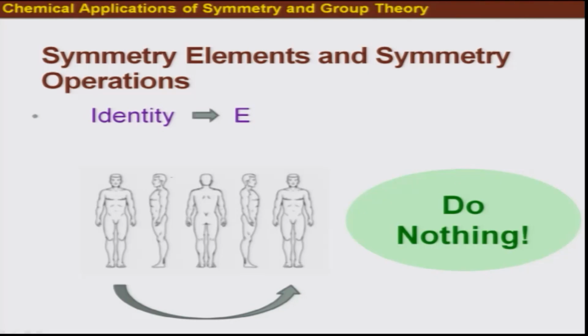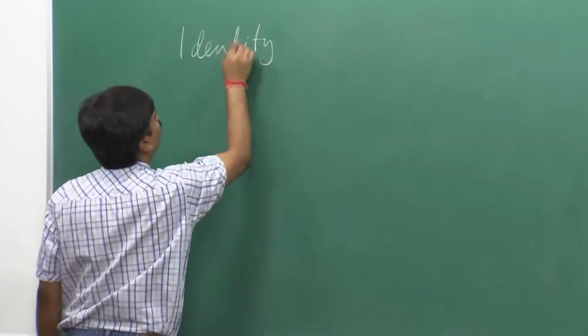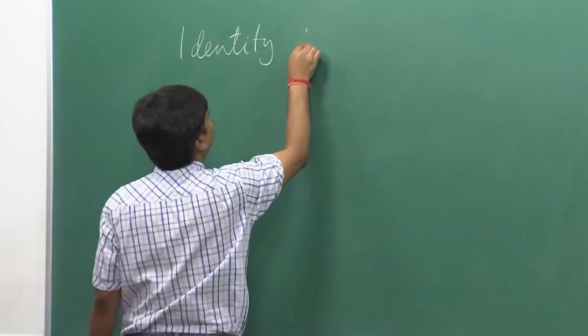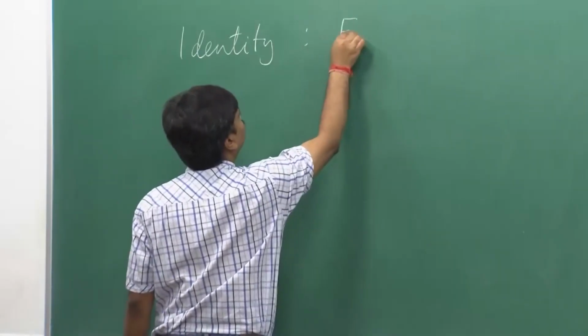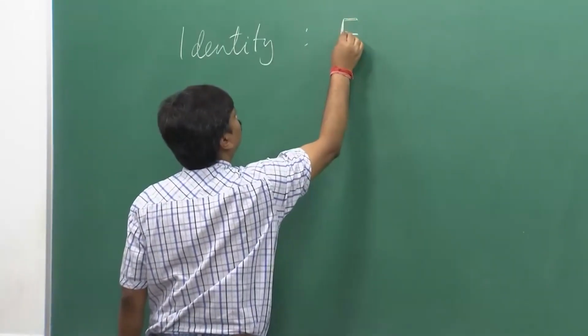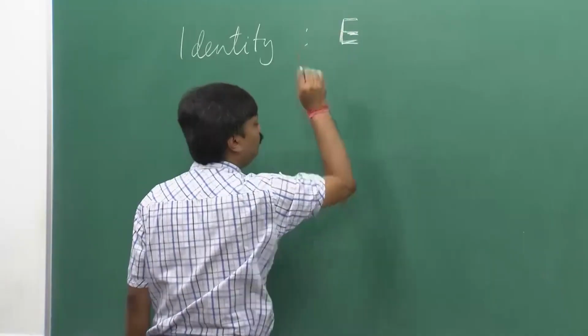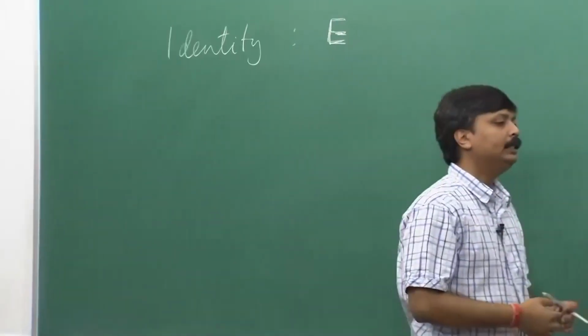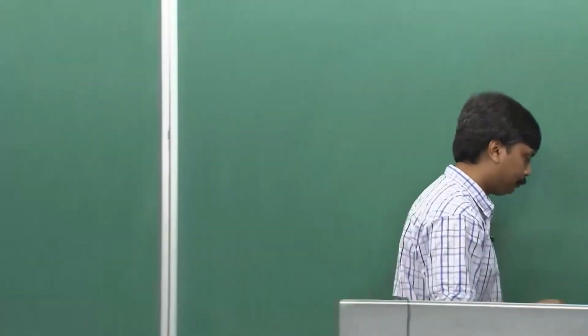Before going to the details of this identity operation, let us also see what this identity operation is denoted as. Identity operation is denoted as E. Now, what is this identity operation?